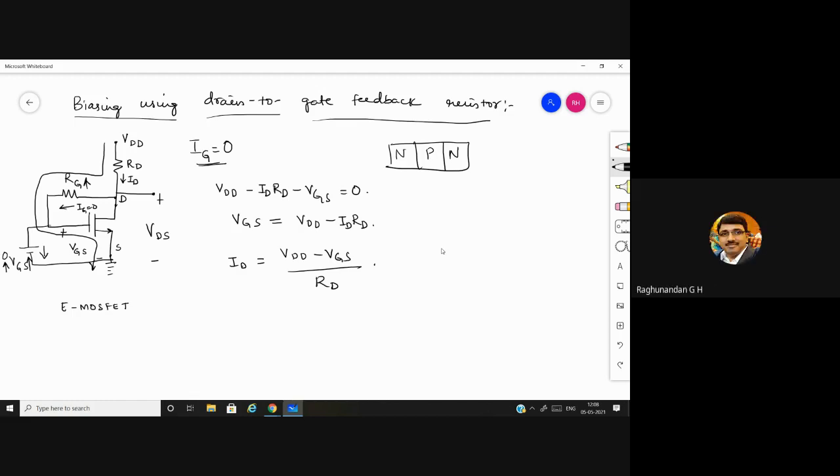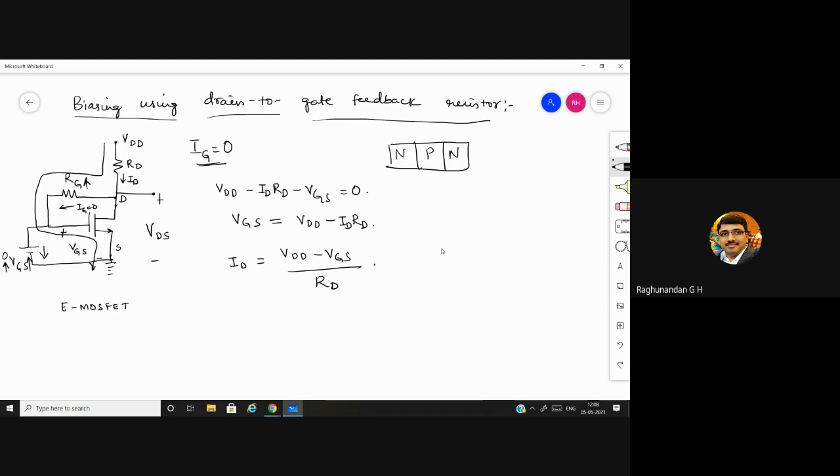So don't get confused with VBE, what we were discussing in BJT. In BJT, if the input voltage is greater than VBE, then only the transistor starts conducting, then only we'll be getting collector current. That's why we were saying that if VBE is decreased, we'll be getting more collector current, because when the initial input drop is decreased, automatically the output current will increase.